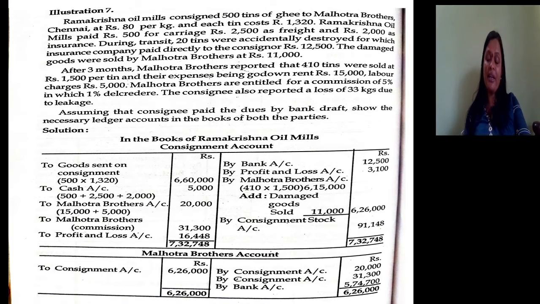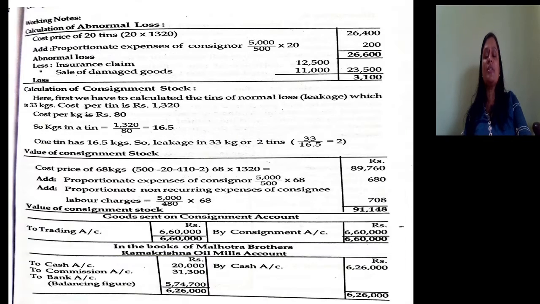We can treat it differently, like how we treated it in the previous problem. When we calculate the value of abnormal loss, you can pass a journal entry: Abnormal loss account debtor to consignment account 26,600.